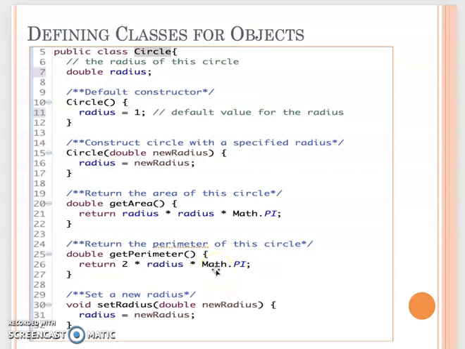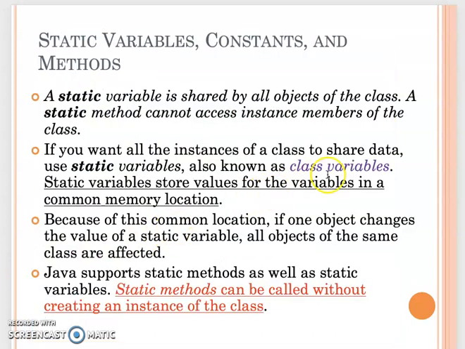Also, like we say, when you have a static method, you use the class name, then the method name to invoke it. If you have a static variable, you use the class name dot the variable name to access it. That's what we call a static variable.